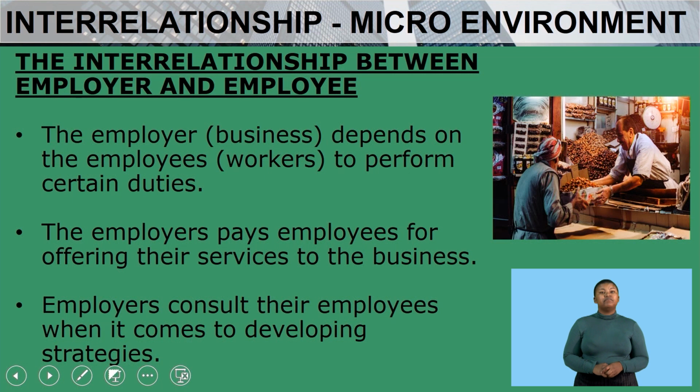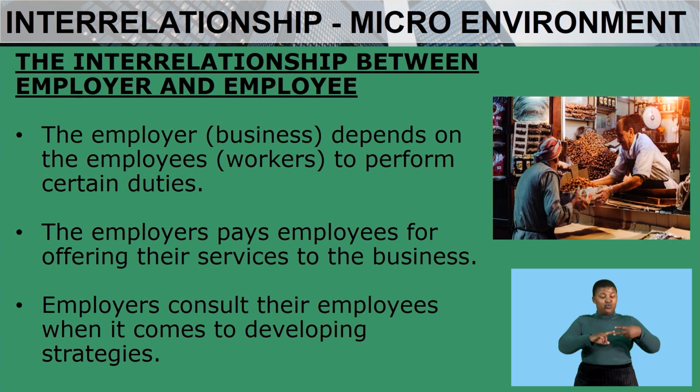Then of course, when we look at the microenvironment, there are two main characters, and those are the employees and the employers. And they also have a very important relationship. Now remember, the employer or the business needs the employees to conduct certain tasks and to have certain responsibilities in the business.